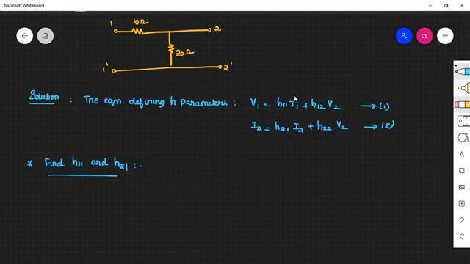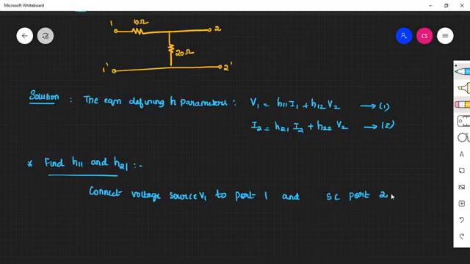So connect voltage source V1 to port 1 and short circuit port 2. Fine. This is the first condition: connecting a voltage source to port 1 and short circuiting port 2.